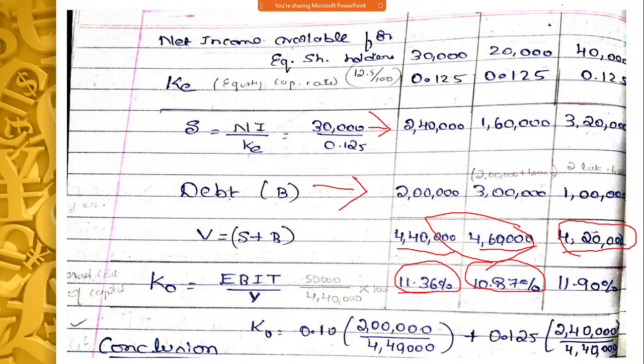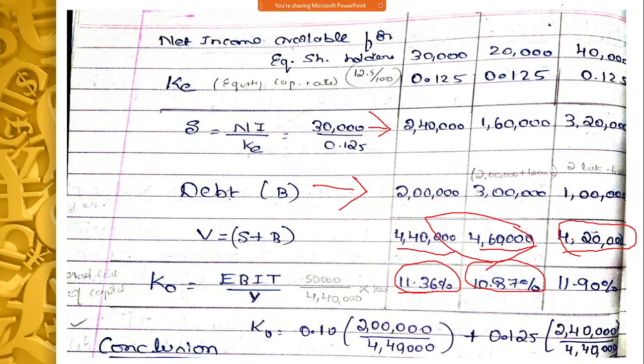That is, as and when the debt proportion increases up until a certain point in the capital structure, the overall cost of capital decreases and the value of the firm increases.